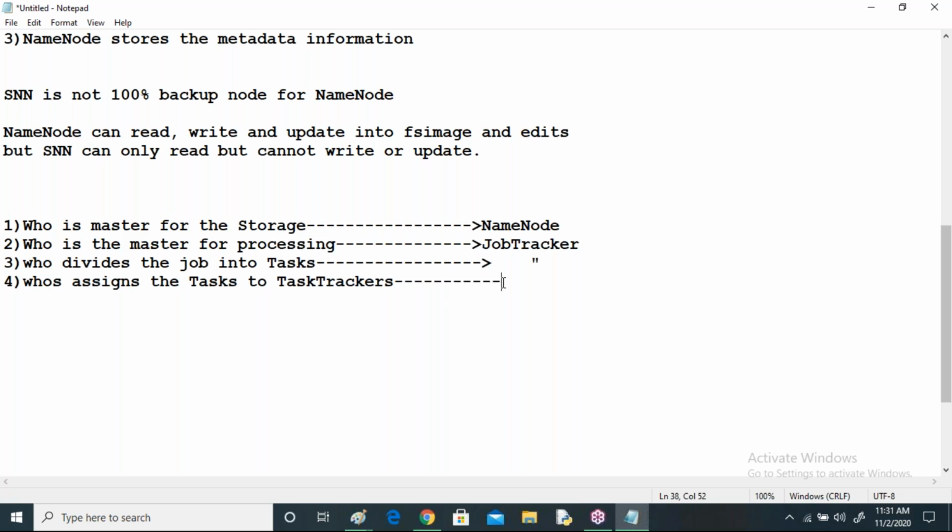Here also it is the job tracker. Who handles the fault tolerance? If any slave goes down, the task is going to be assigned to any of the other slaves. Who handles the fault tolerance?